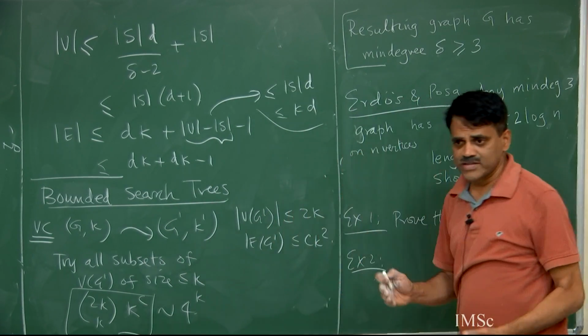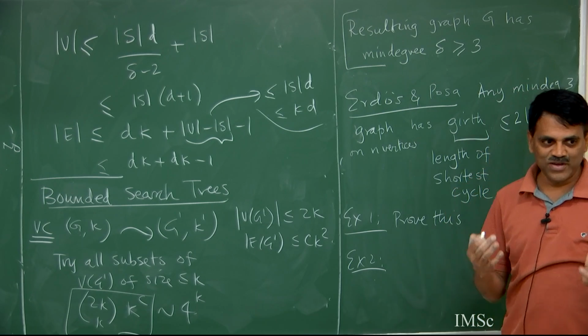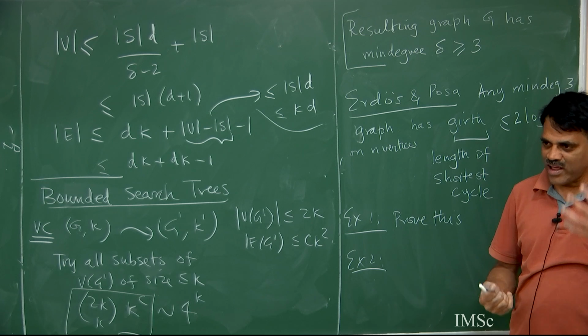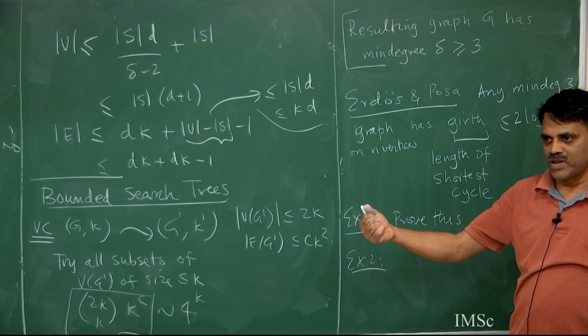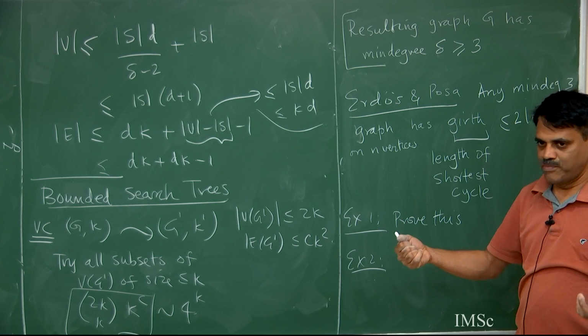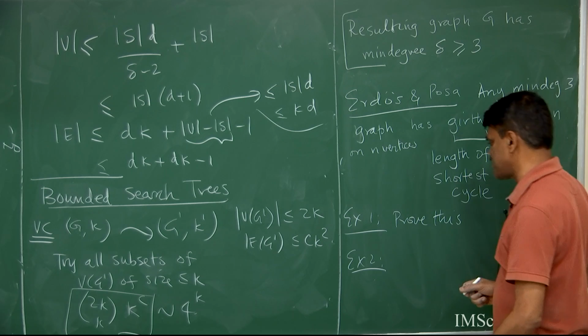So exercise 2, log n power k doesn't look like an FPT running time, right? Because it is not f of k times polynomial in n. But actually it is. That's exercise number 2.